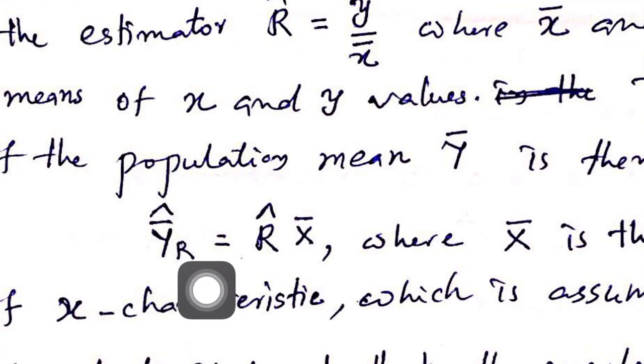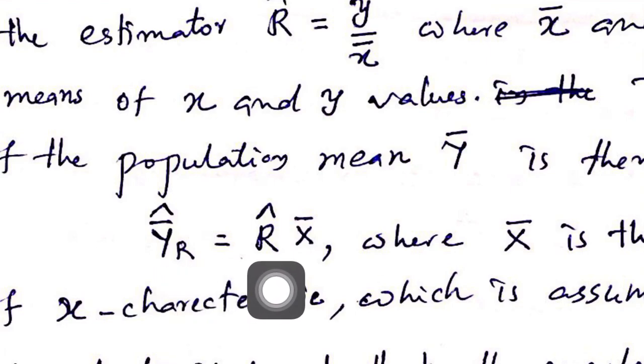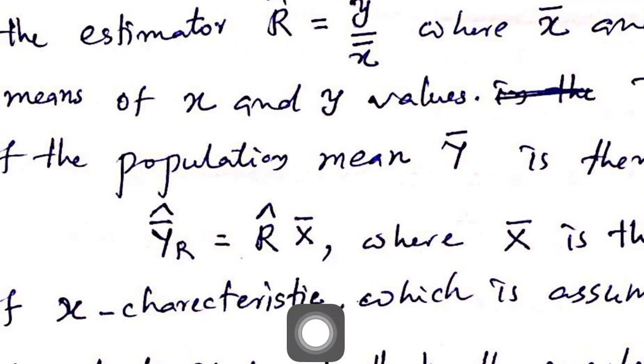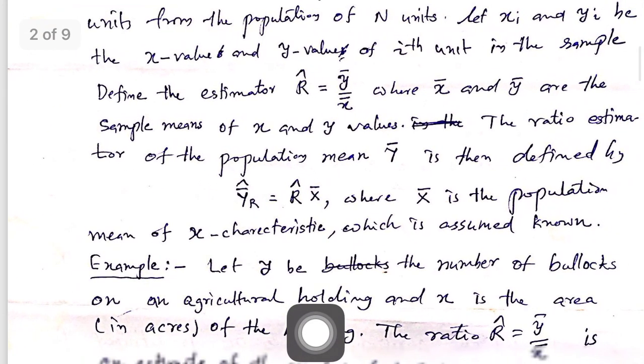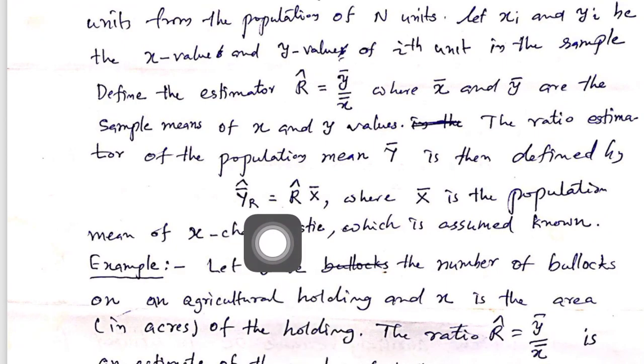This suffix capital R emphasizes that the method of estimation is a ratio method of estimation. The estimator is defined as R hat, that is small y bar by small x bar, into capital X bar. You will see that this estimator is not an unbiased estimator.